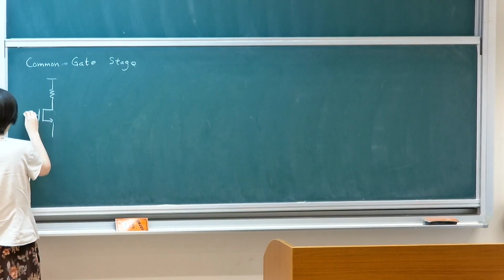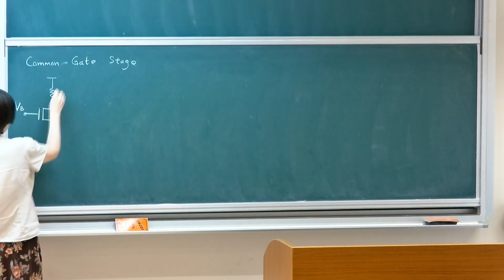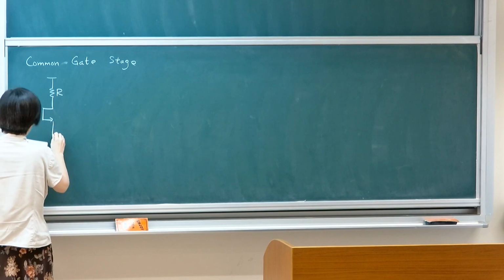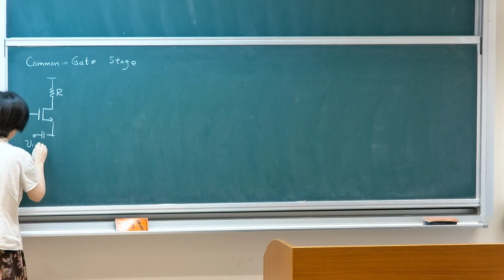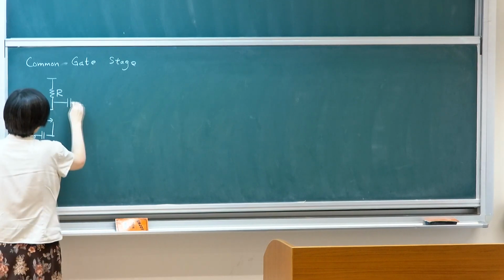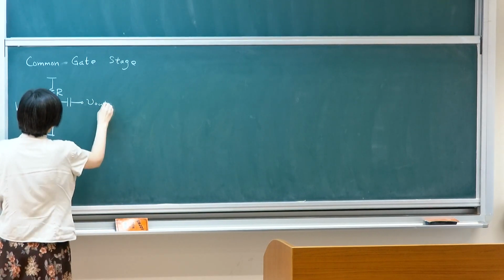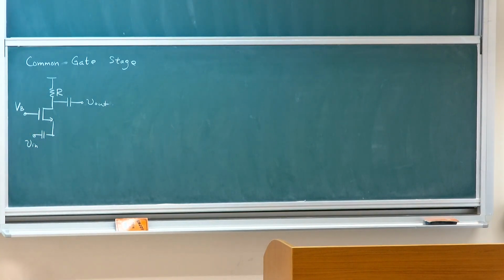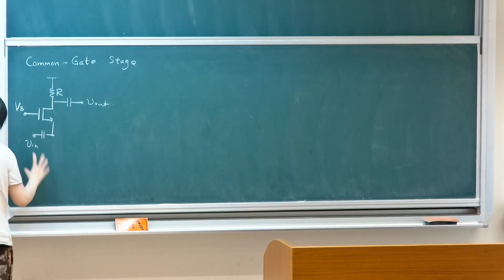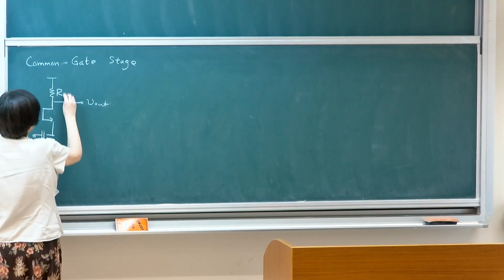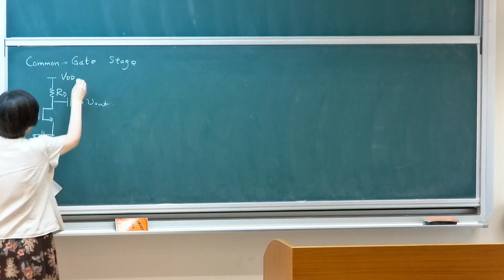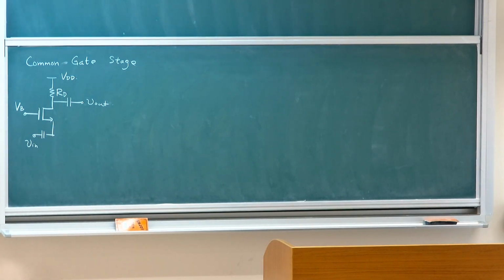I'm having the gate connected to a fixed bias, and the input is coming in here. And output is going out at this terminal. And there's, of course, some biasing component at the bottom. We just ignore that for now. So your input is coming in at the gate, output is drawn out at the drain. That's a basic common gate stage topology.